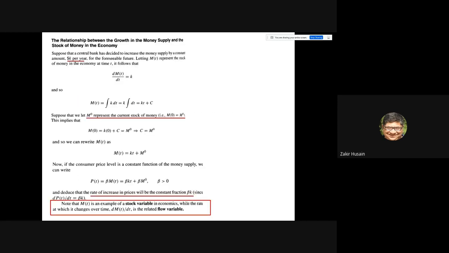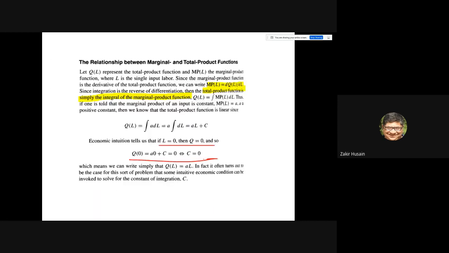Although we don't have any information on C, economic intuition can tell us the possible range of C. In the case of a production function, we know what the constant of integration will be.